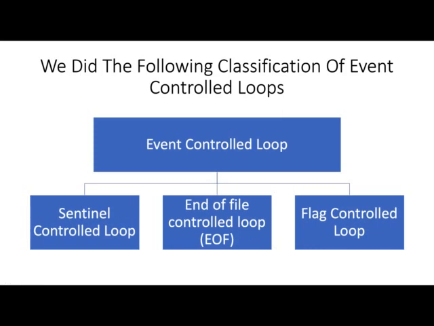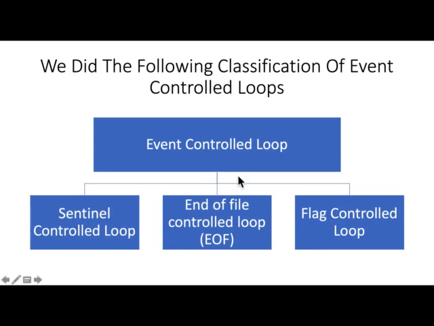Okay, so we did this classification of event control loop. Recall that an event control loop is such that an event has to take place inside the loop to change the condition, or to reach a special value of the loop condition, which is called the termination condition. When the termination condition is reached, the loop test condition evaluates to false.